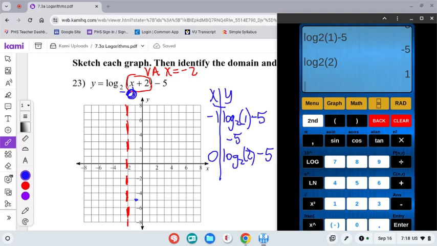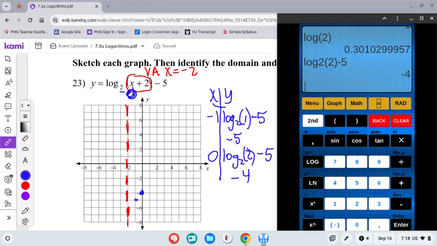That's what we did on the front side. If you just type in log 2, you're going to get something crazy. It's different. So make sure you do log base 2 of 2 minus 5 is negative 4. 0, comma, negative 4. We can do some more if we want.